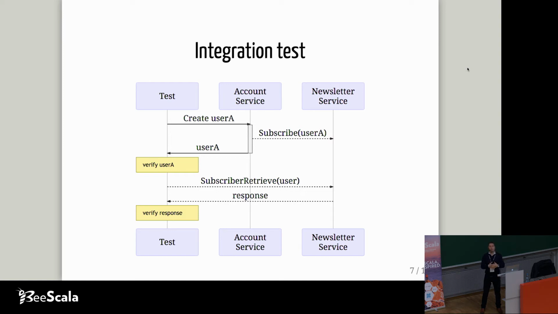At this moment I would verify that the user was created as I expected, and then later on in the same test I would make a call to the newsletter service to check that this user is already subscribed to the newsletter as expected, and verify the response.